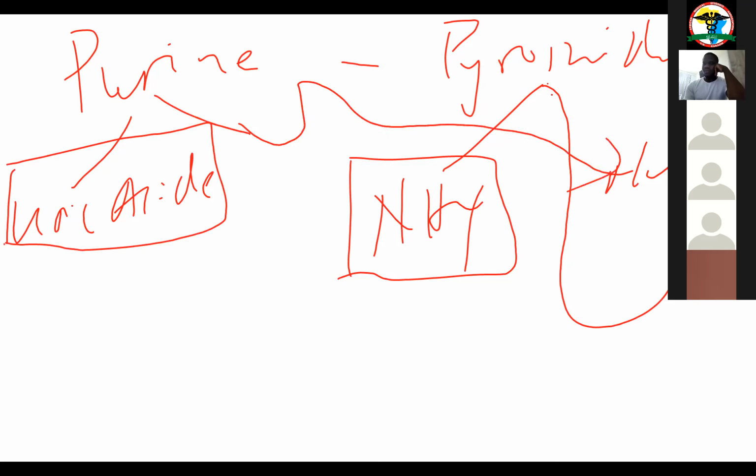So your nitrogenous bases, after they are used to synthesize DNA, then the DNA breaks down, they start floating around in the blood. They have two fates. Either pyrimidine is broken down to ammonium, or purine is broken down to uric acid, or they are both salvaged. That is, they are both saved from being broken down into uric acid or into ammonium.